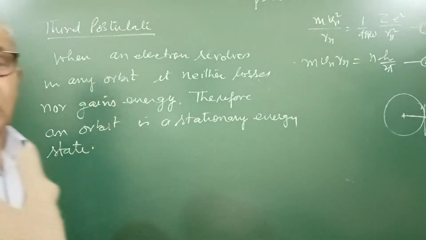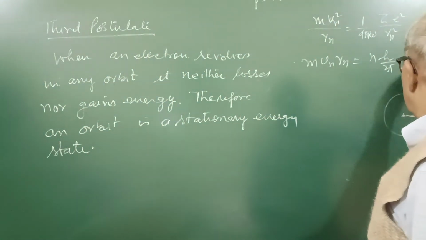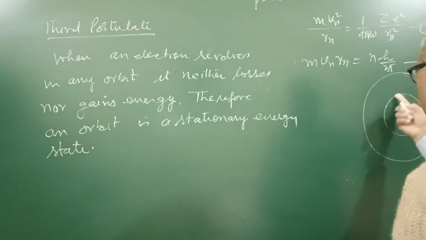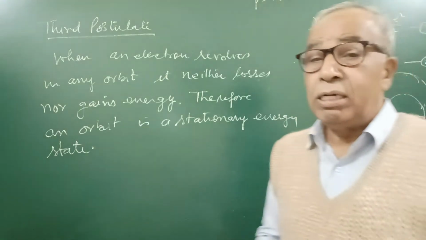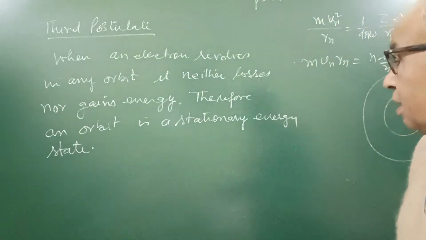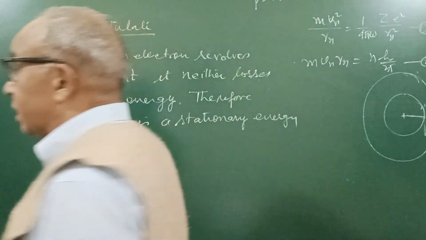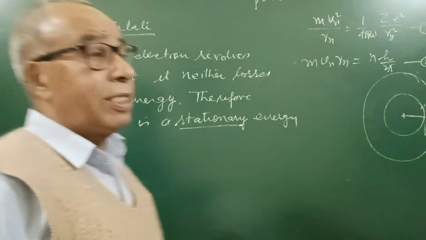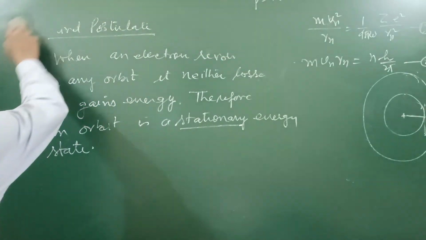What does it mean, energy state? कि इलेक्ट्रॉन यहाँ से अगर दूसरा ऑर्बिट है तो दूसरी स्टेट या फर्स्ट स्टेट, and the value of energy in any orbit does not change, neither decreases nor increases. That is why it is called energy stationary, meaning it does not change. A body at rest is said to be stationary. So here stationary means energy does not change.